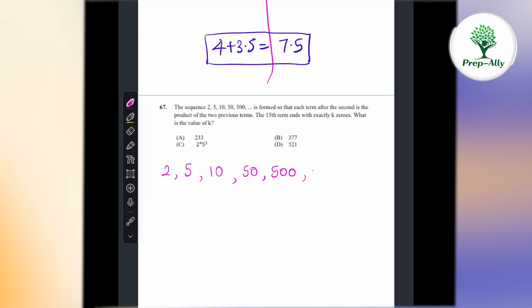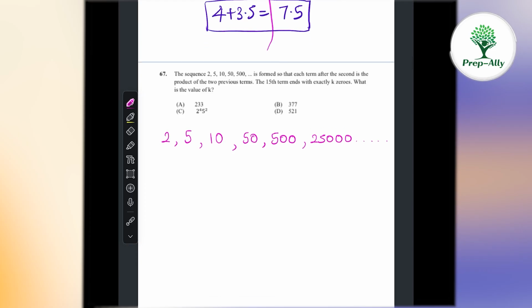So the next term will be 500 into 50, that's 25,000, and so on, right? So can we rewrite this as just a product of two primes?